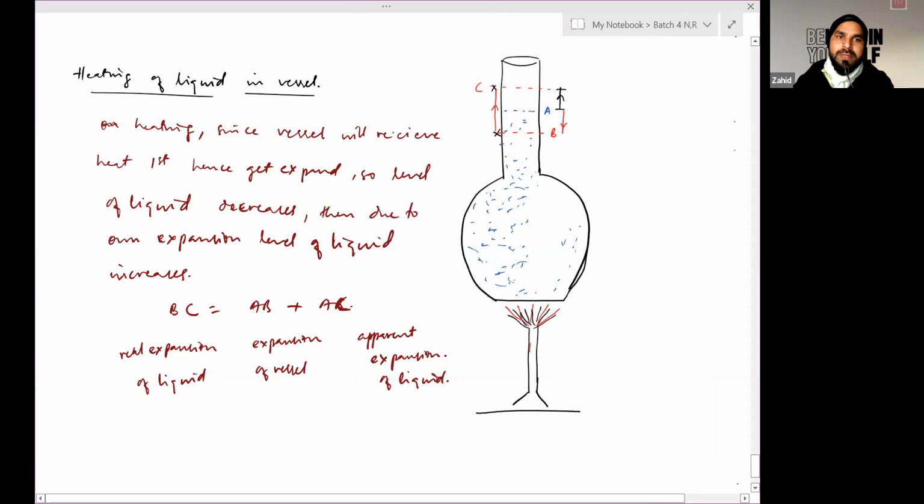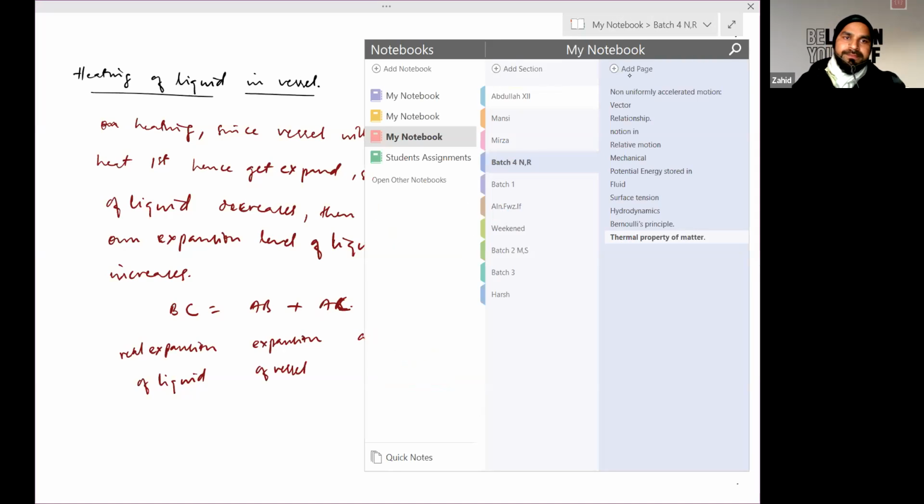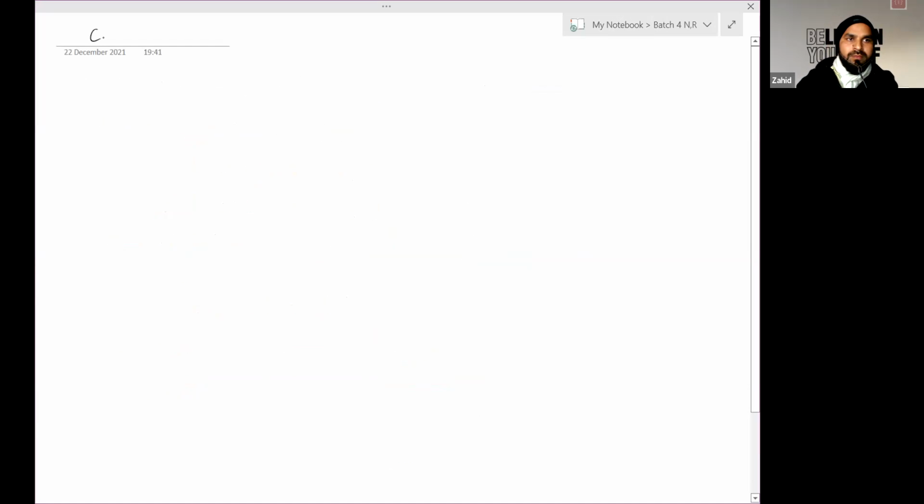So this is all about expansion and its various applications. Next, calorimetry. Let me define what you mean by calorimetry. Calorimetry is simply the exchange of heat between any two bodies or systems, which results in two different parts. First, it is responsible for a change in temperature or a change in state of that particular object.